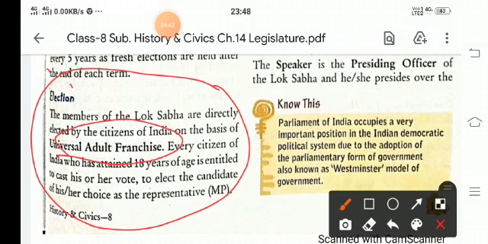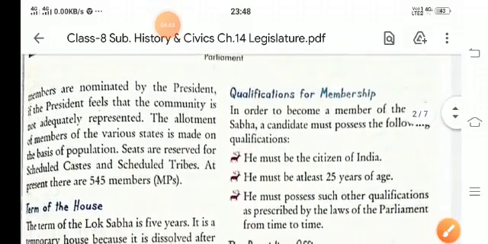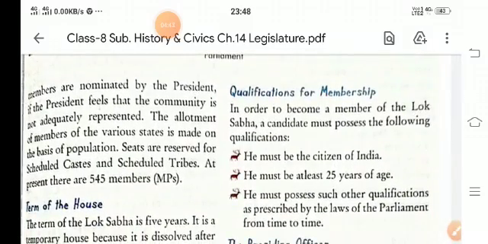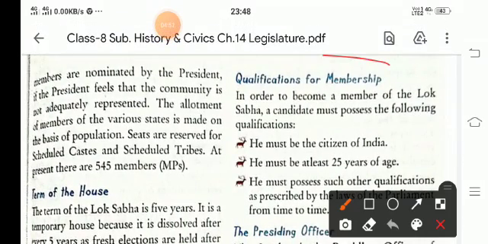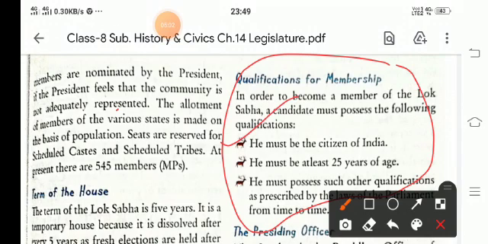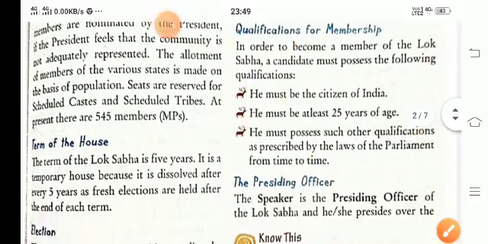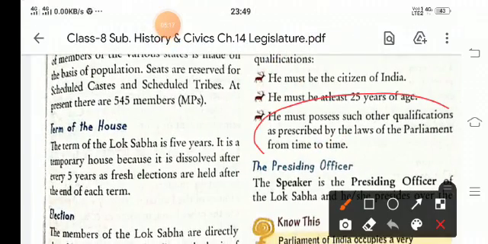Now we will read about the qualification. Who can be a member of parliament? In our constitution, it has been mentioned that a minimum qualification is required. He must be a citizen of India. He must be at least 25 years of age, and he must possess such other qualifications as prescribed in the parliament law.